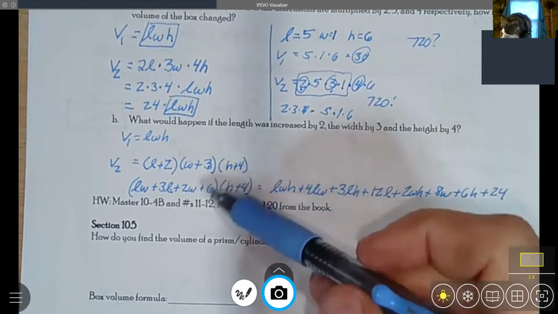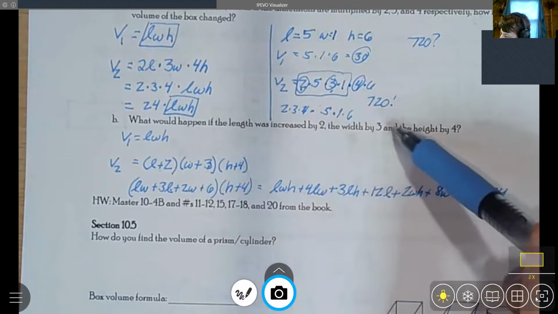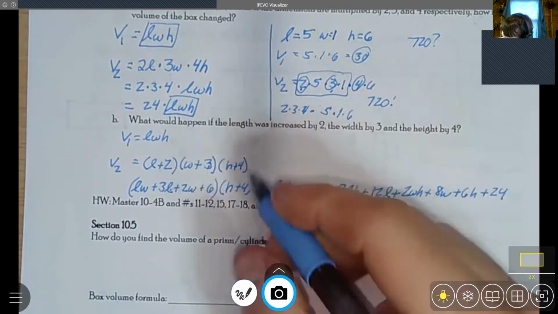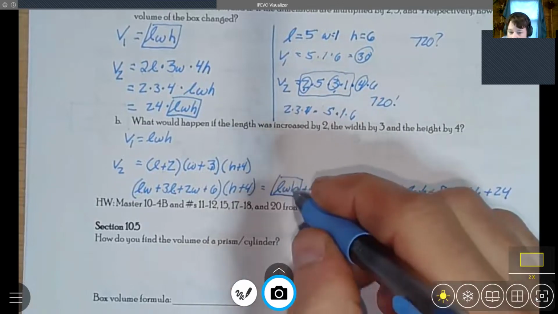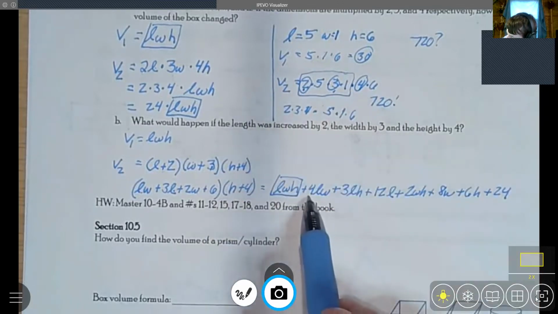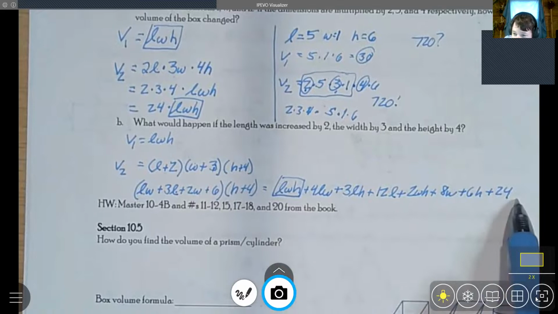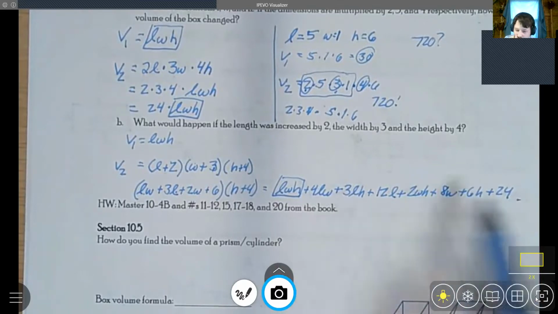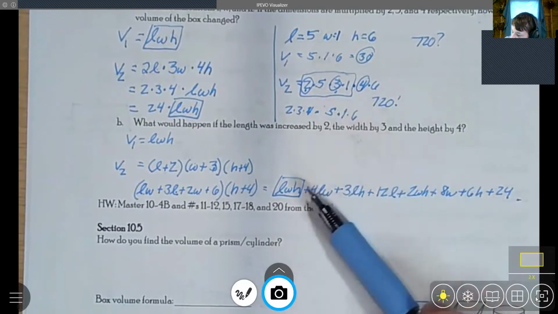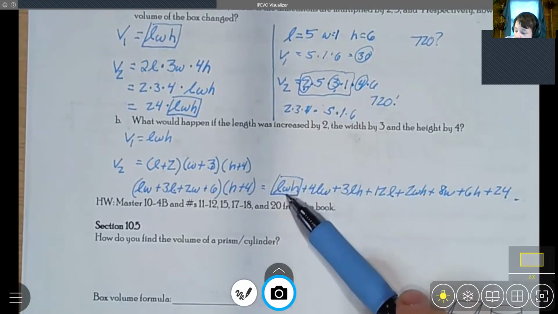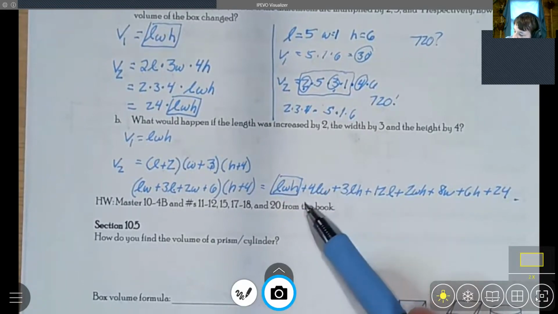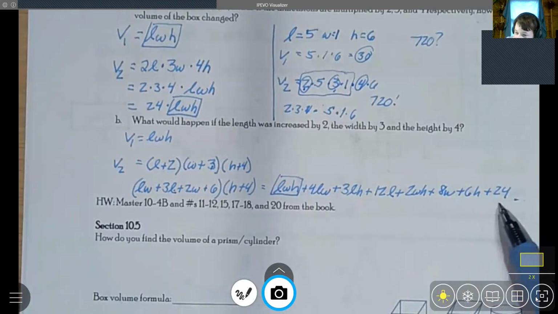So the question says, what would happen if the length were increased by 2, the width by 3, and the height by 4? Here's my original volume. My original volume is going to be increased by whatever this mess is. And that's going to vary. There's no way to simplify that. So the answer is the volume will increase by whatever this is.